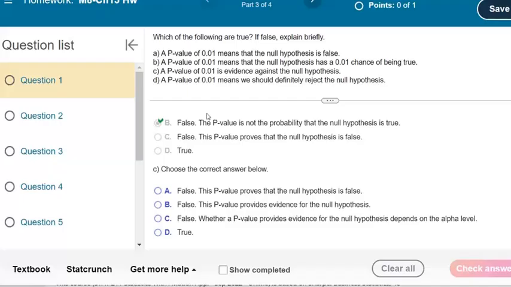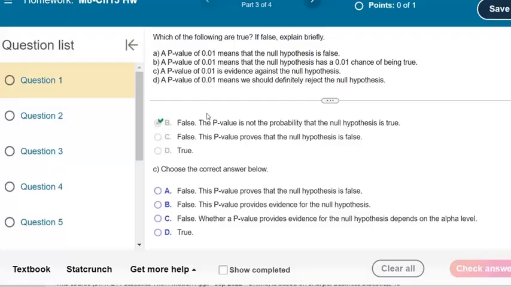So, a p-value of 0.01 is evidence against the null hypothesis. It does mean that the null hypothesis is unlikely. The first option is false: this p-value proves, there's the word "proves," so forget A. B, this p-value provides evidence for the null.